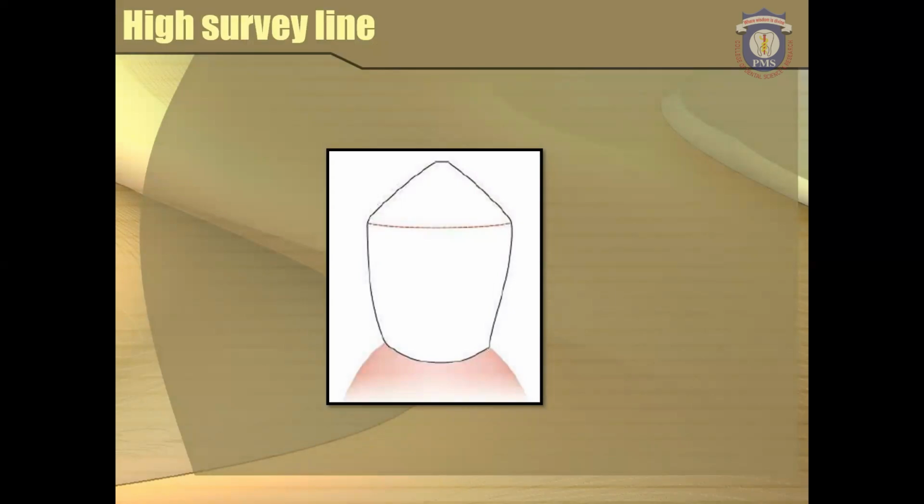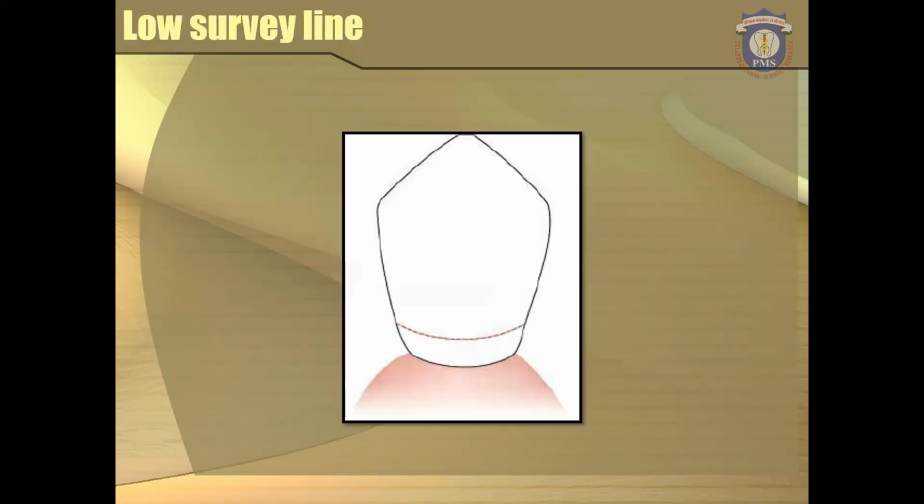High survey line, it passes from occlusal third of the near zone to the occlusal third of the far zone. Next is a low survey line. It is similar to high survey line, but it happens in the cervical third. Cervical third of the near zone to the cervical third of the far zone.